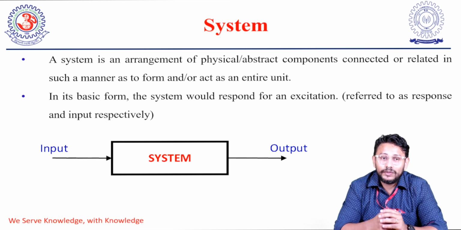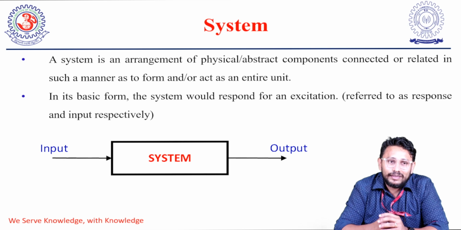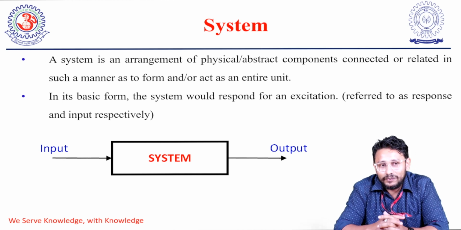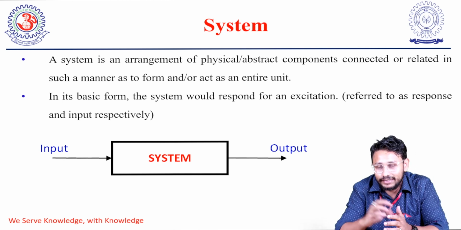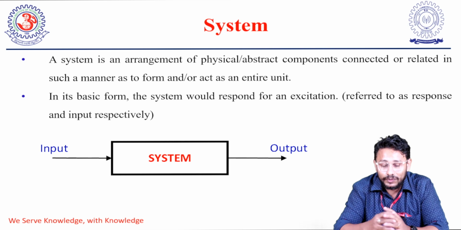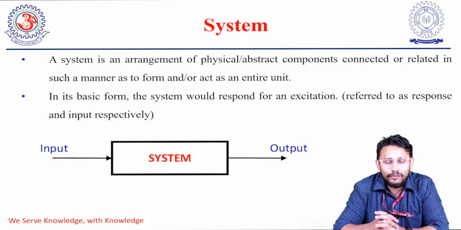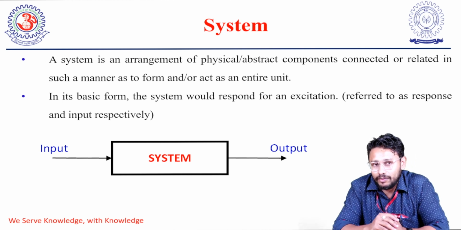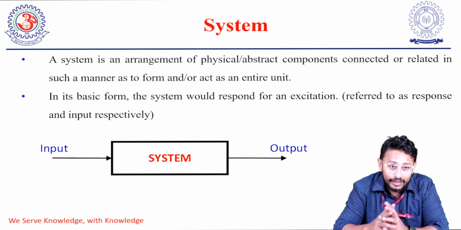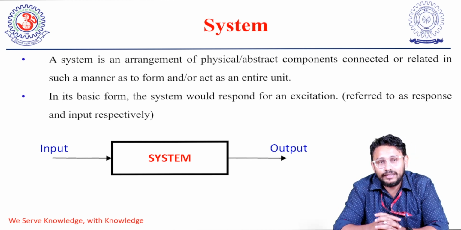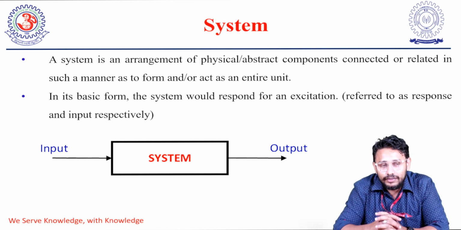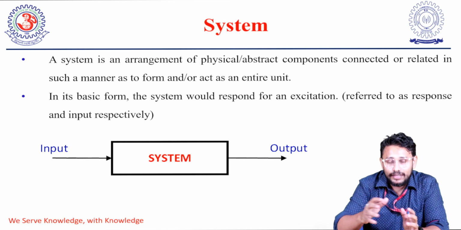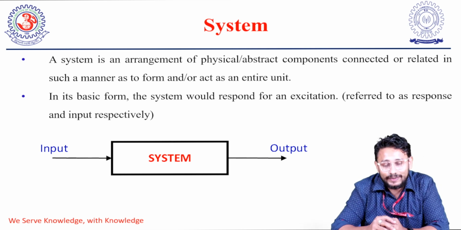Now, when it comes to engineering, it's really tough for students to understand what brings in the abstract sense into systems or really in the studies of engineering. However, consider the most basic form of abstract system, like the teaching learning mechanism. Here I'm considering the students to be the system.